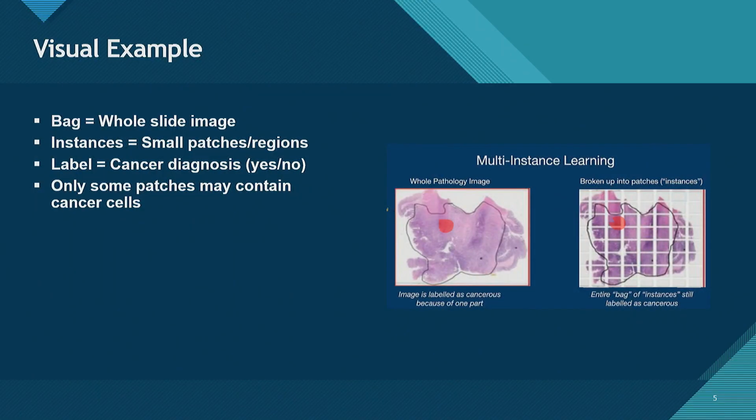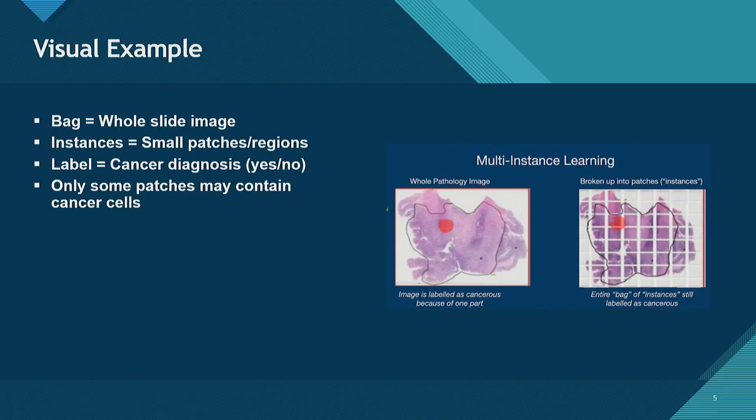Here you can see, for example, this is a whole slide image, and we have one label for this whole slide. In MIL, we consider this whole slide as a bag, and we have one label for it. When we are applying MIL, we have to make patches.